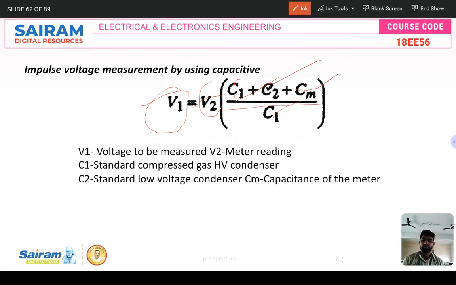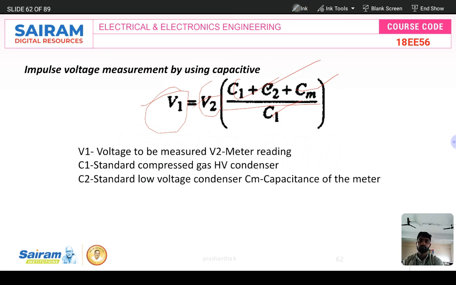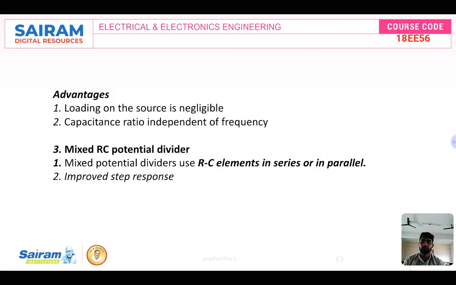V1 is the voltage to be measured, V2 is the meter reading, C1 is a standard compressed gas high voltage condenser, C2 is a standard low voltage condenser, and Cm is the capacitance of the meter. The advantage of this is that loading on the source is negligible, and the capacitance ratio is independent of frequency. The mixed RC potential divider uses RC elements in series and parallel, with improved step response also, right?